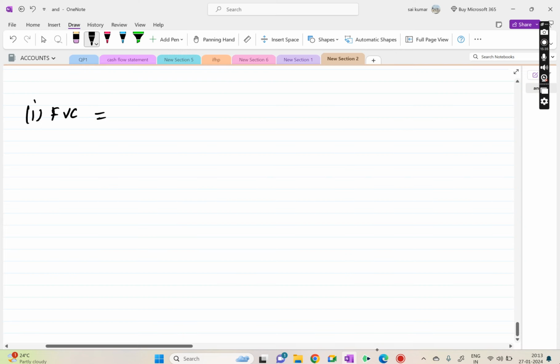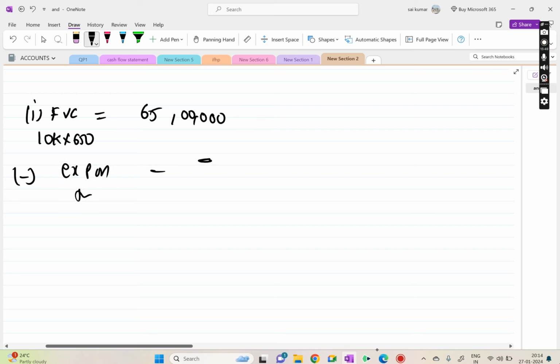So 10,000 into 650, you get 65 lakhs, minus expenses on transfer, which is nil. Then you get net sale consideration, which is 65 lakhs.